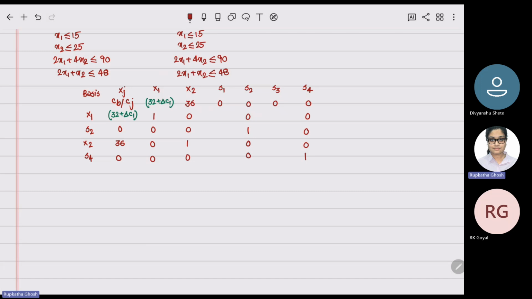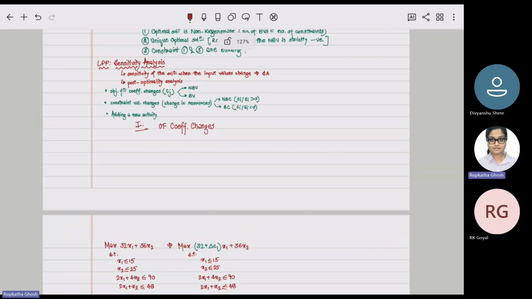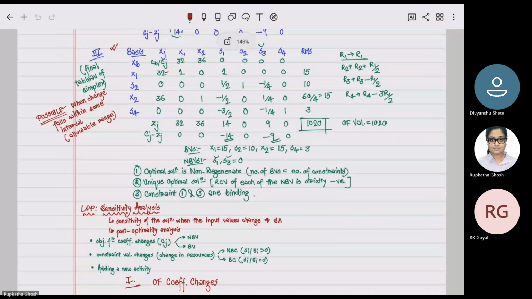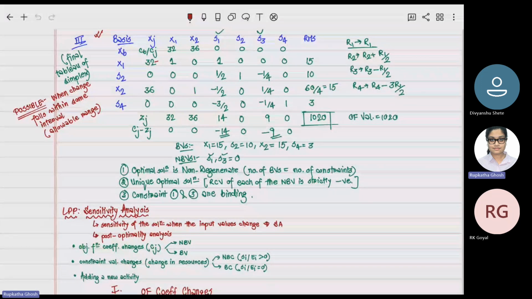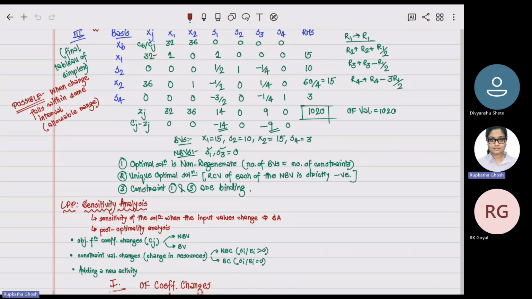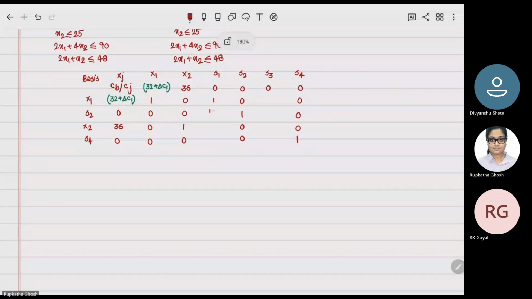Can you tell me in case you have solved it? So you have 1 half, minus 3 by 2. Your right hand side had 15, 10, 15, 3. This was 0, minus 1 by 4, 1 by 4, minus 1 by 4, if I'm right.